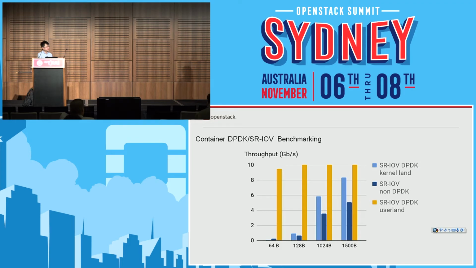So this is what we expected, and we believe that using containers in this way approaches the physical server performance, because containers are just namespaces, and a DPDK application running inside a container is almost the same as running in the physical server.